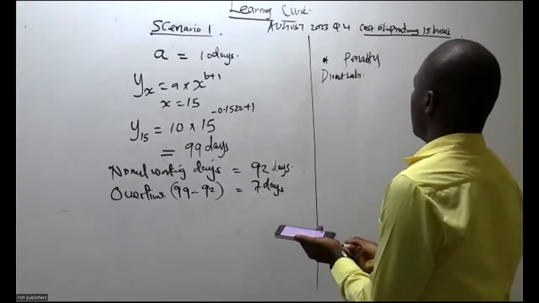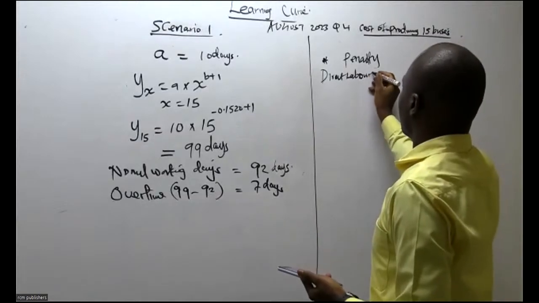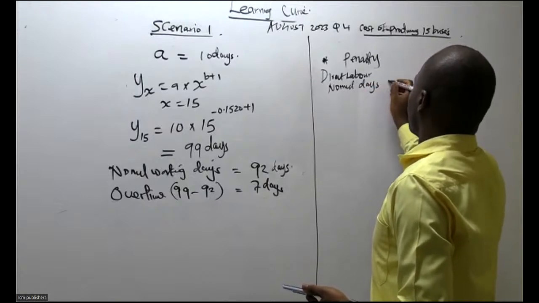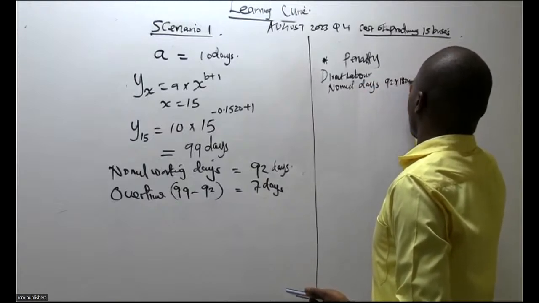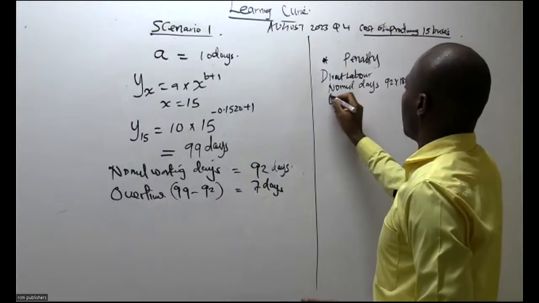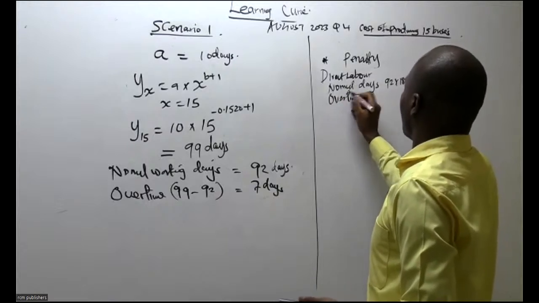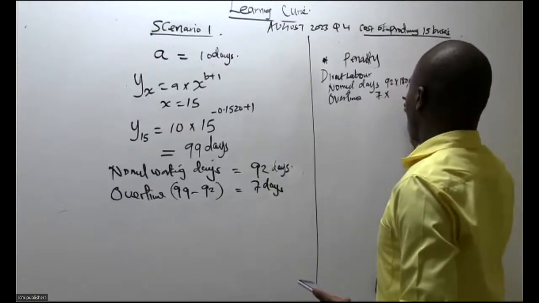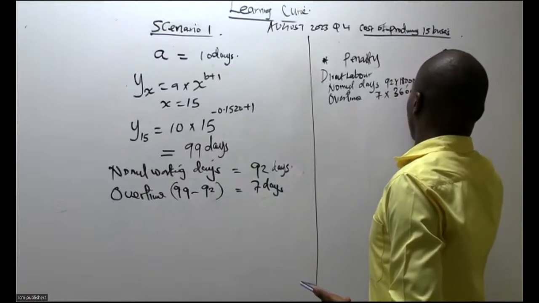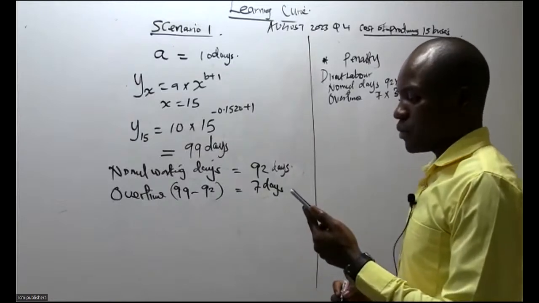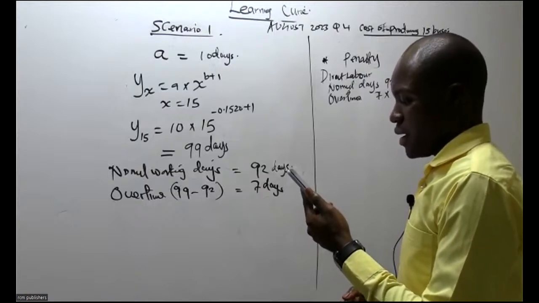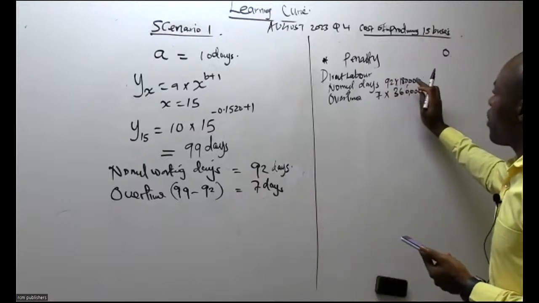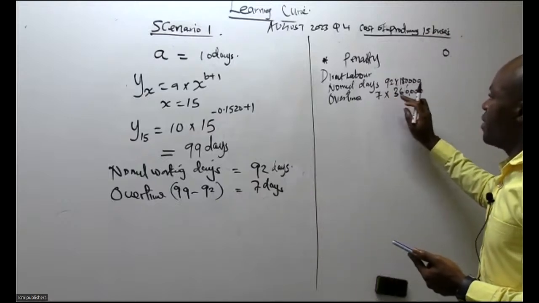Let me put it here, direct labor. Normal days, we are told, is 92. I've identified that overtime is 7 days. You multiply by 360,000. So have we been able to get the figures? 92 by 180, then 7 by 360.